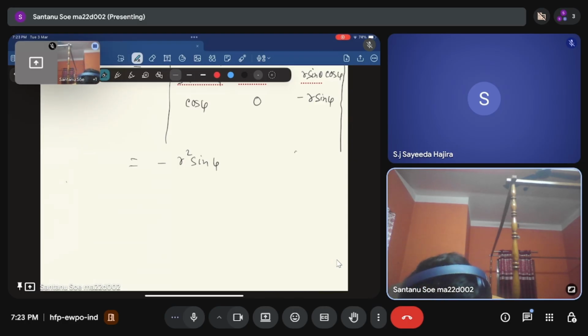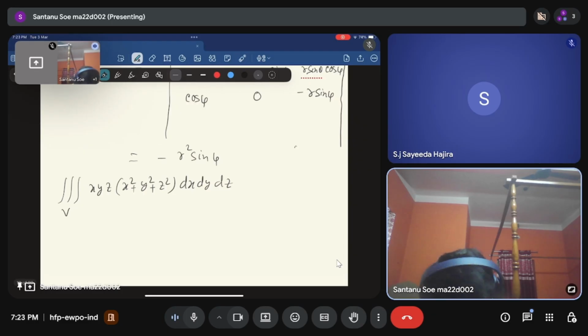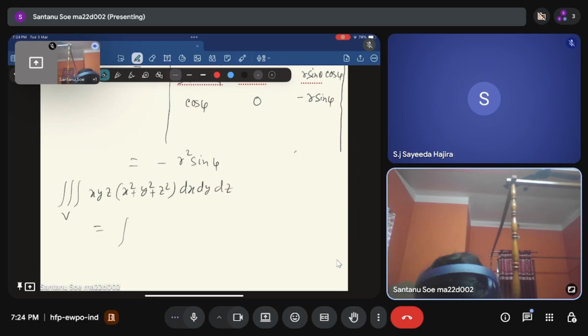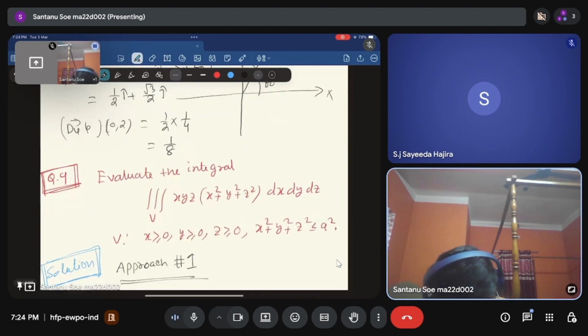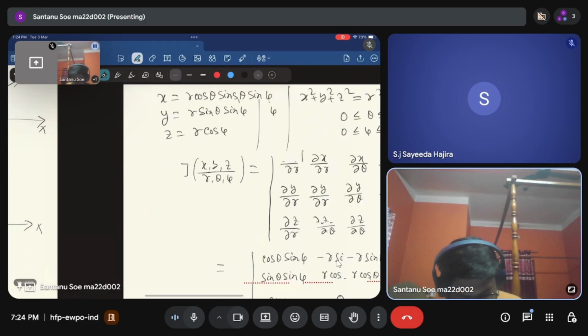So now our triple integration over V of xyz (x square plus y square plus z square) dx dy dz is gonna be changing to integration phi equals to 0 to pi by 2, theta equals to 0 to pi by 2, and r will be varying from 0 to a, because remember x square plus y square plus z square was less equals to a square, so the radius is gonna be r equals to 0 to r equals to a.